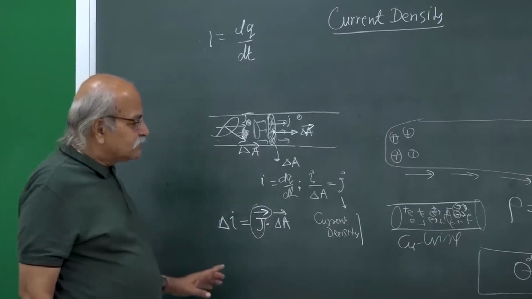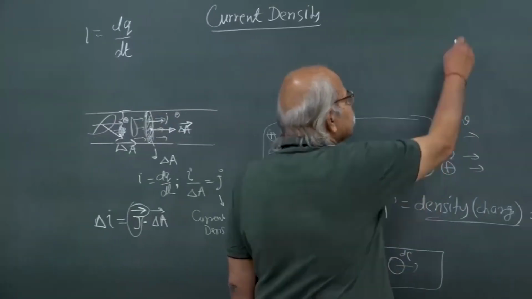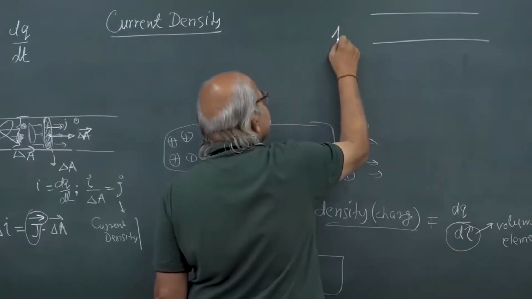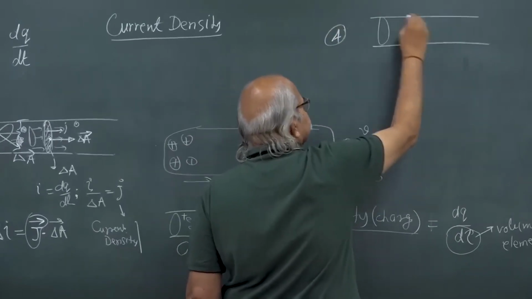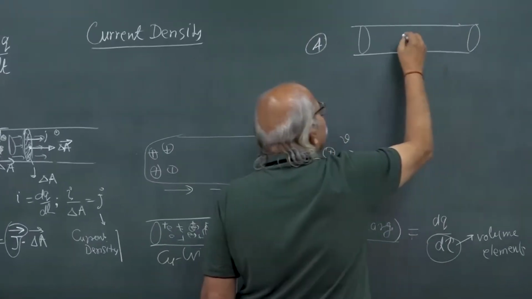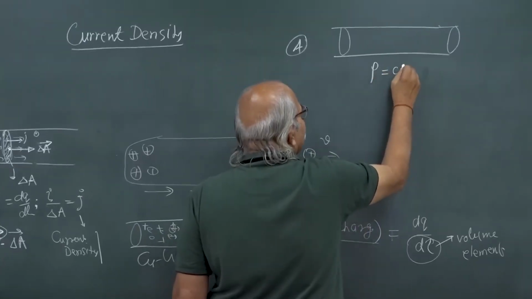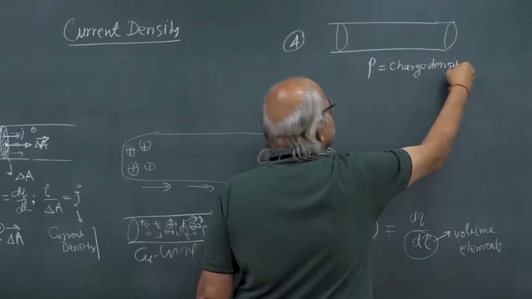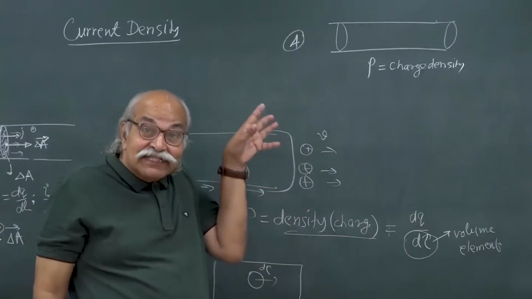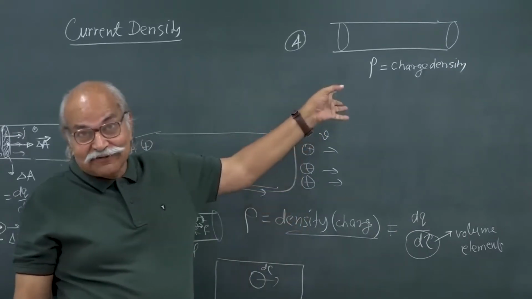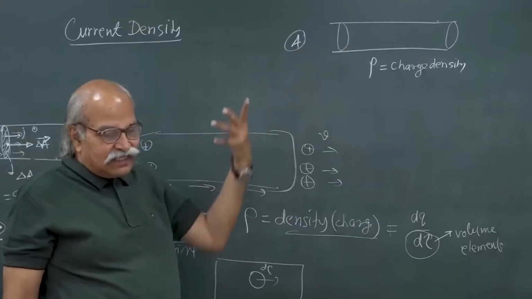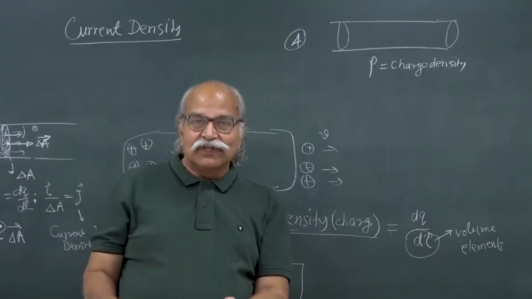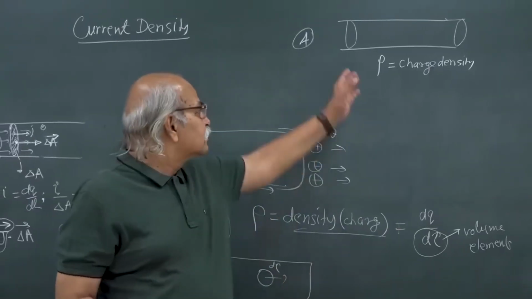So let me take a case: suppose you have a wire of some cross sectional area A, and you have rho, the charge density of the charge carriers. If it is a metallic wire, it is basically free electrons. Or if you have put the charge somehow on a material, then whatever is the charge per unit volume, that is this rho.